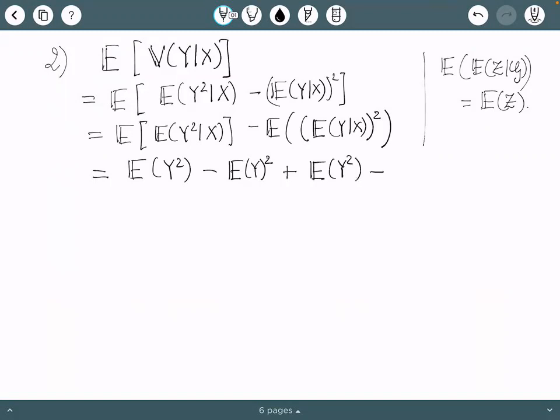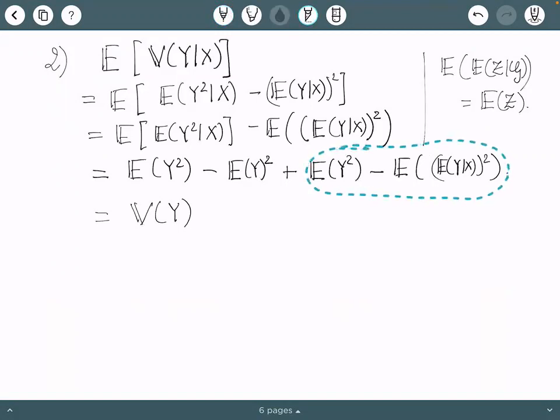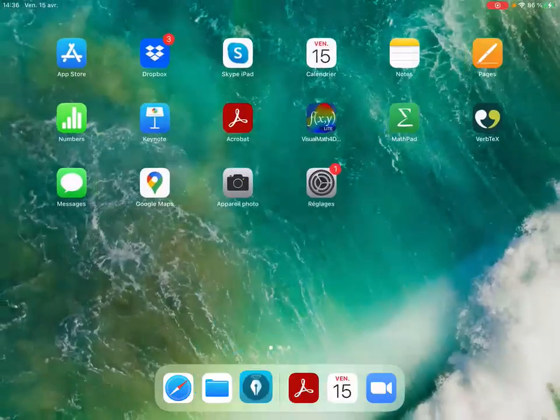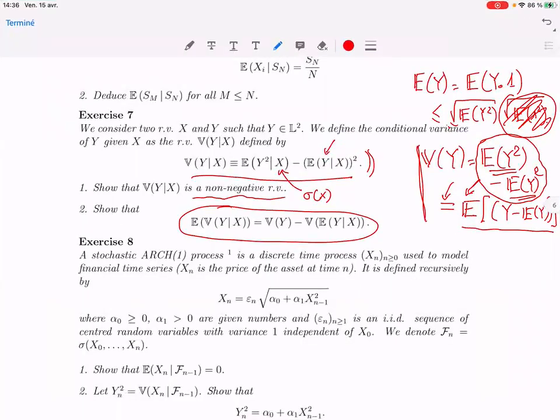And there is the last guy, which is still here, the expectation of y given x squared. So I recognize first the variance of y. And now, in the second term, according to what is written here, it should be the variance of the conditional expectation.